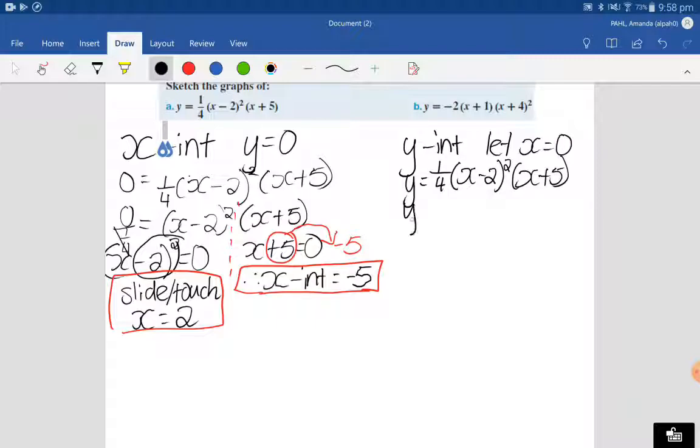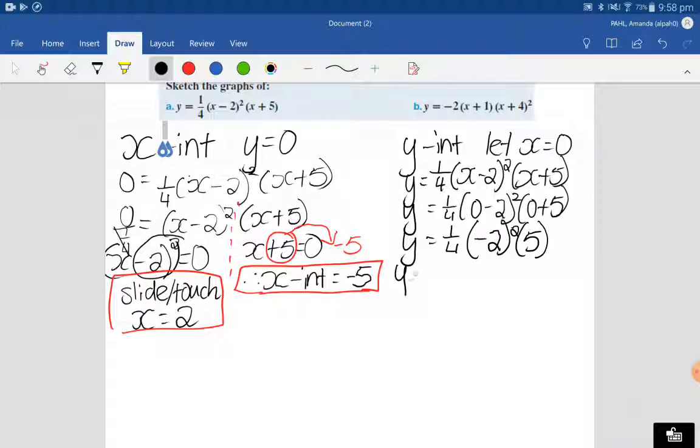y equals 1 over 4 (0 − 2) squared (0 + 5). y equals 1 over 4, 0 take 2 is negative 2, 0 plus 5 is 5. y equals 1 over 4, well, negative 2 squared is negative 2 times negative 2, which is 4, times 5, which gives us 5 times 4, which is 20, times a quarter.